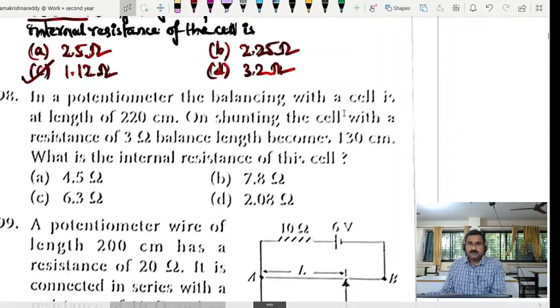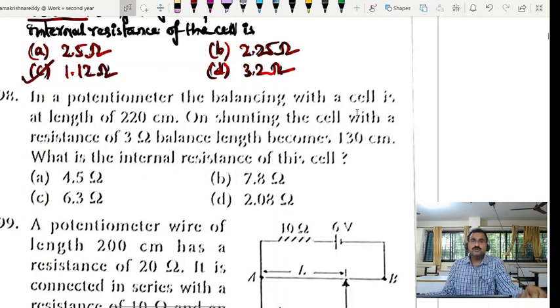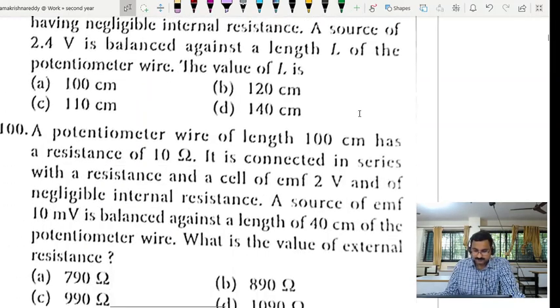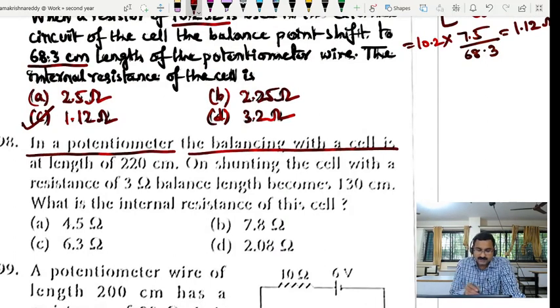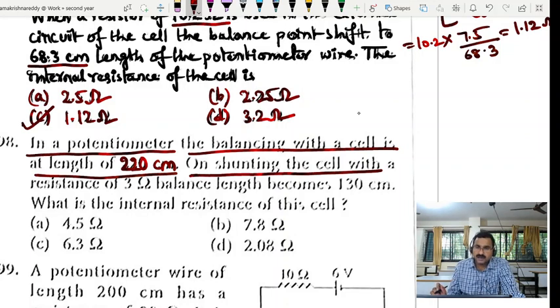Next one. In a potentiometer, the balancing with a cell is at length 220 centimeter. On shunting, that is connecting another resistor in parallel, with a resistance of 3 ohm, the balancing length becomes 130 centimeter.